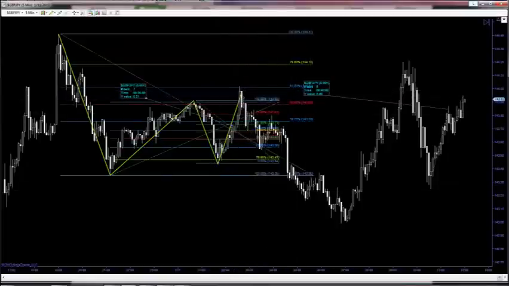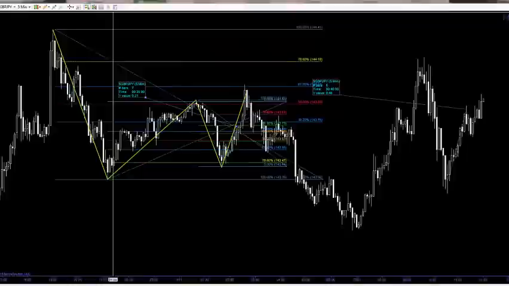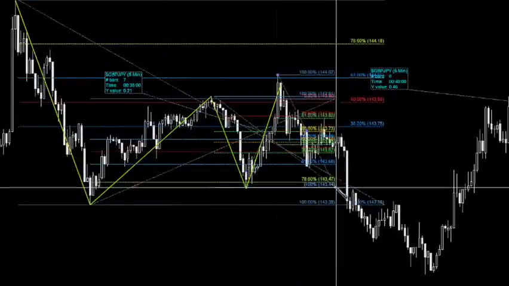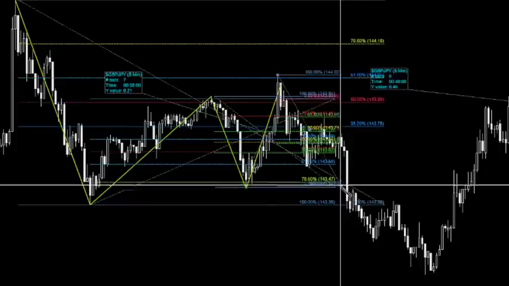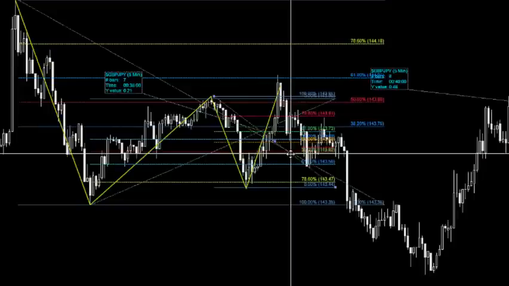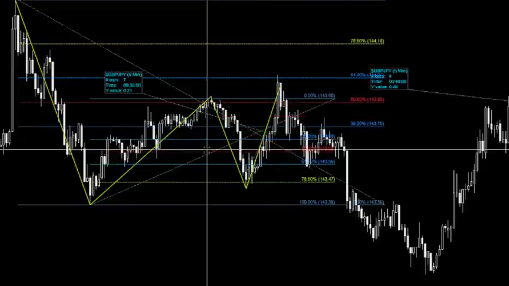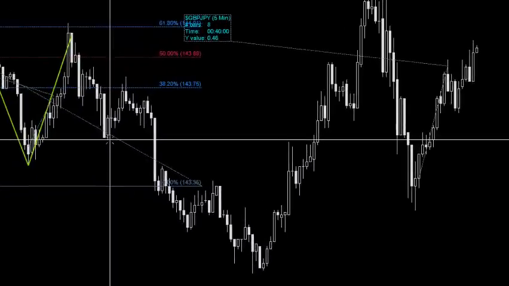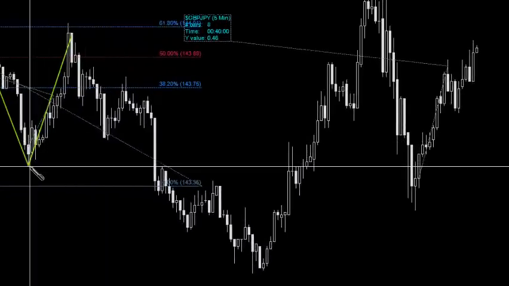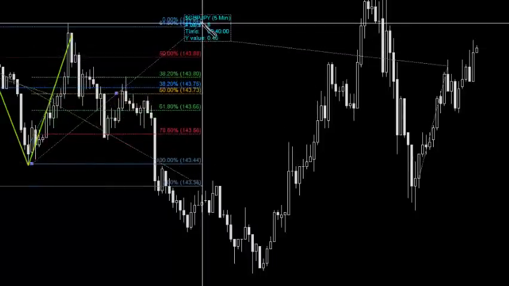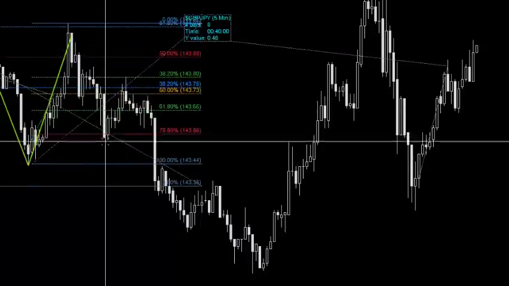Now as price did this, we could see, and this is how we follow the overall strength of things, price... sorry, let's erase some of these things here. Let's delete that. Okay, now we can go here and say, well, price closed below here.